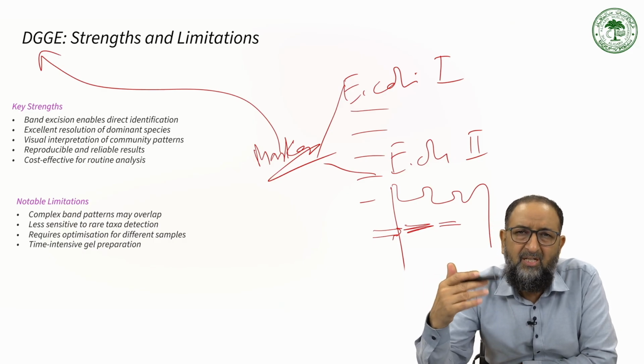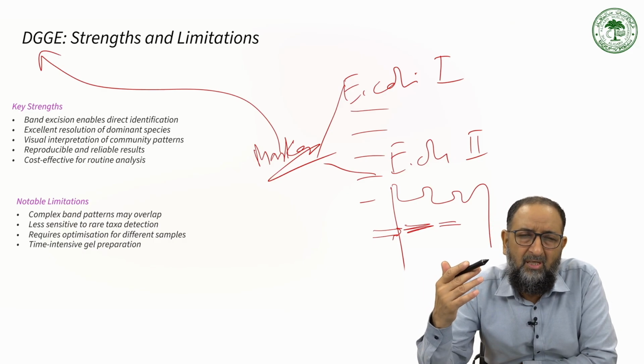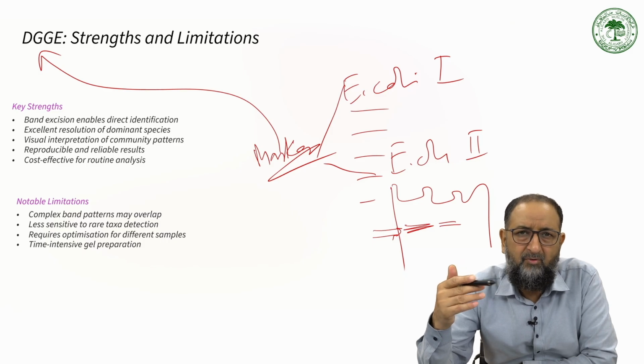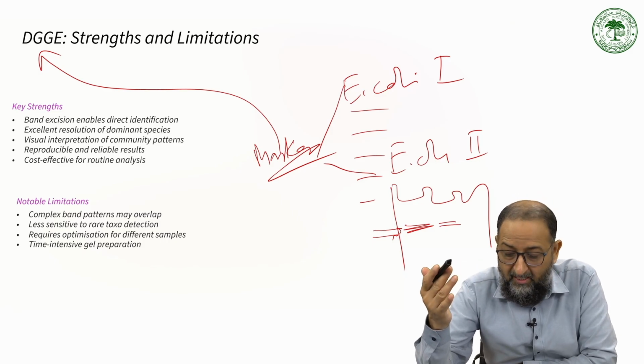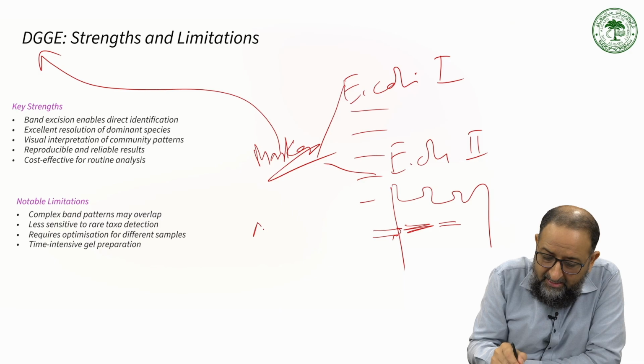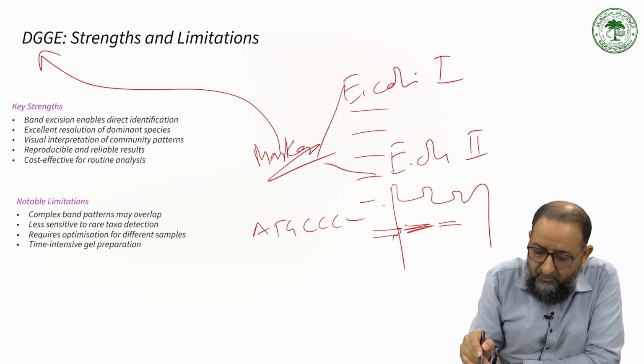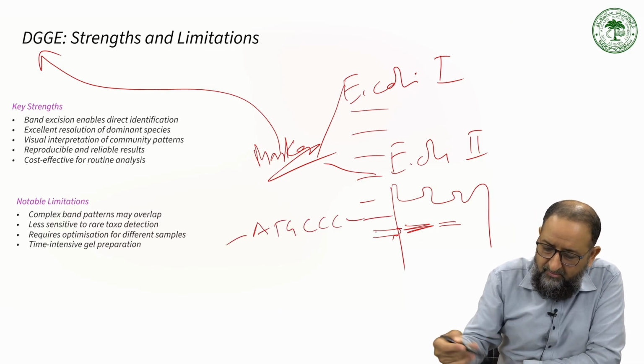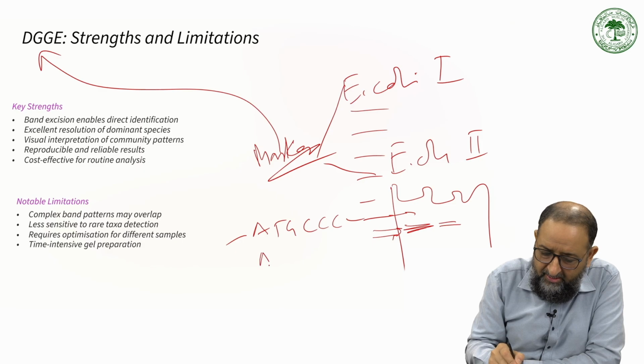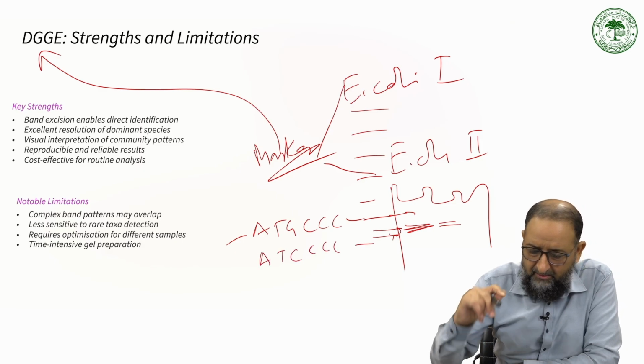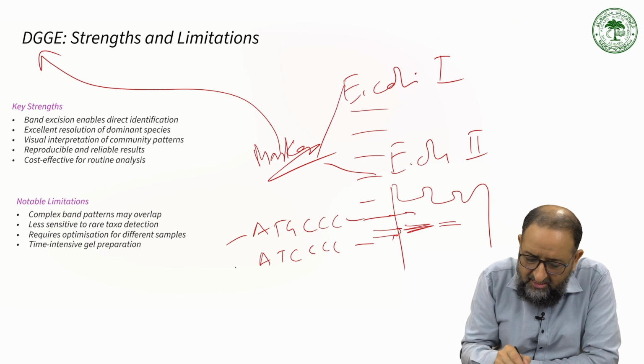So sometimes it is very difficult to look into the overlapped band pattern because of the similar size, although they are different. So there might be, for example, A, T, G, C, C, C. This is one sequence having this band. Then you can have A, T, C, C, G, G, another band. Now, both the sizes are the same.